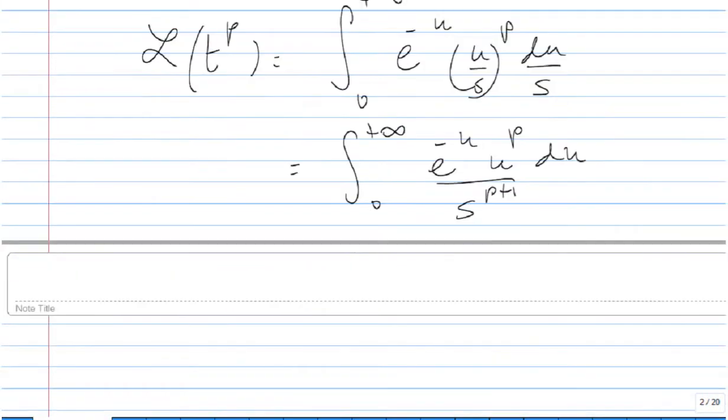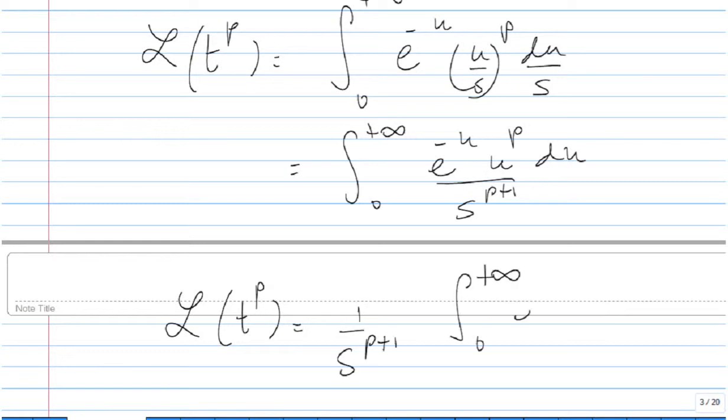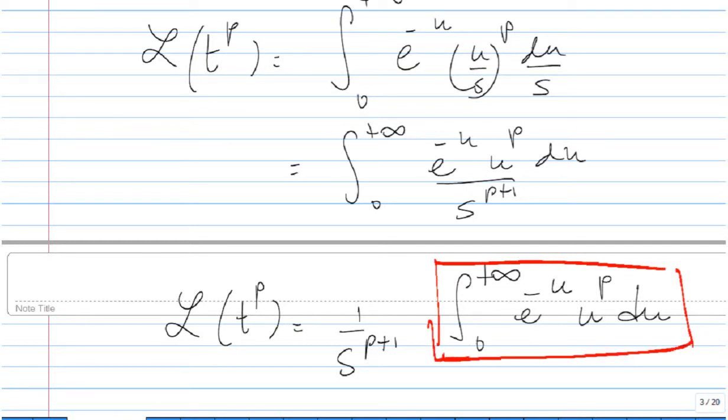So we can take the factor out: Laplace of t to the power p equals 1 over s to the power p plus 1, times the integral from 0 to plus infinity of e to the minus u, u to the power p, du. And as you can see, this term now is a number that has nothing to do with s.